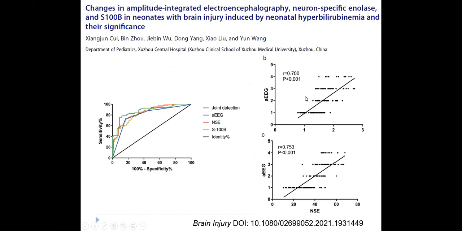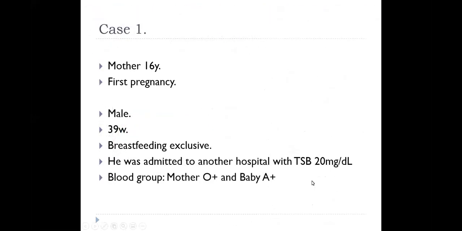This is protein S100, and this is neuron-specific enolase. And aEEG has a direct correlation between these measurements. Okay, and aEEG is not invasive. In this case, they measured serum levels of protein S100 and enolase.